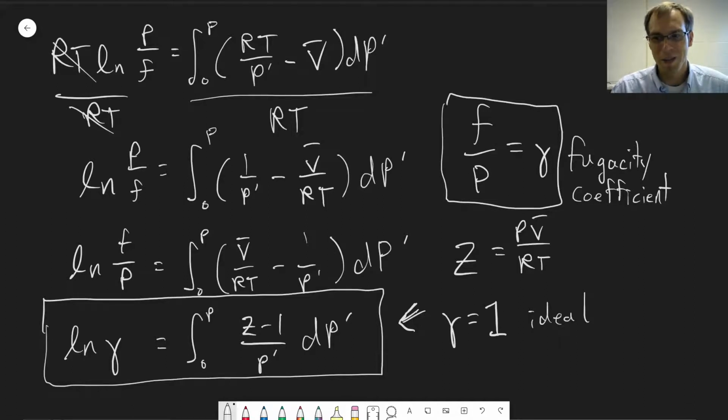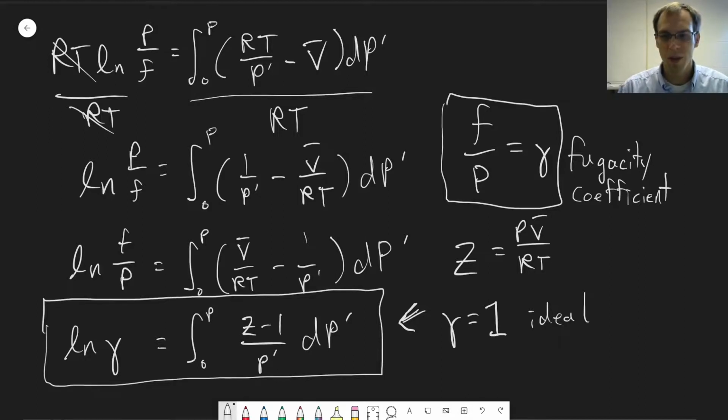So if the compressibility factor is equal to 1, we get ideal behavior. Basically reiterating something we've said previously when looking at real gases. And so the fugacity coefficient, and we'll see a similar thing called the activity coefficient when we talk about activities, is a way of measuring non-ideal behavior similar to the compressibility factor. They're related to each other, as we see in this expression here.